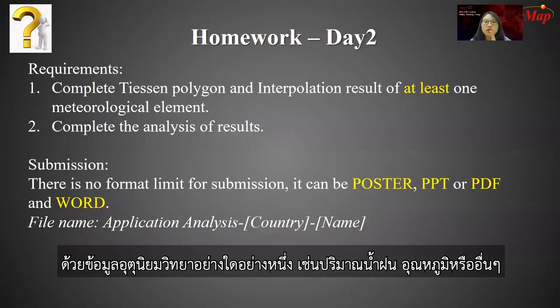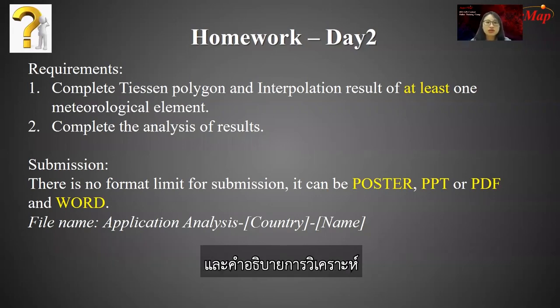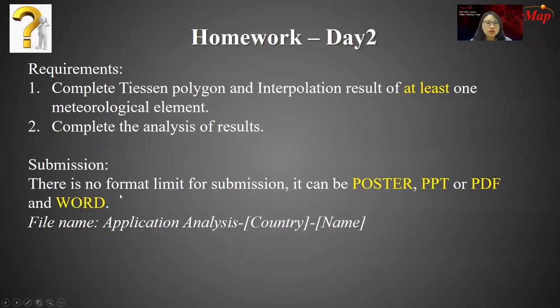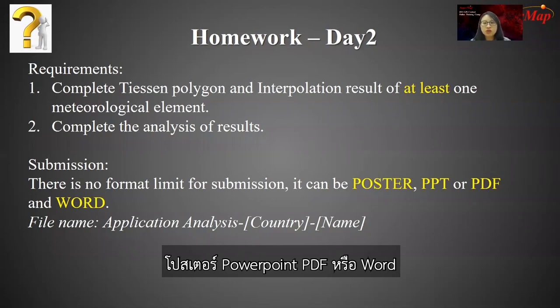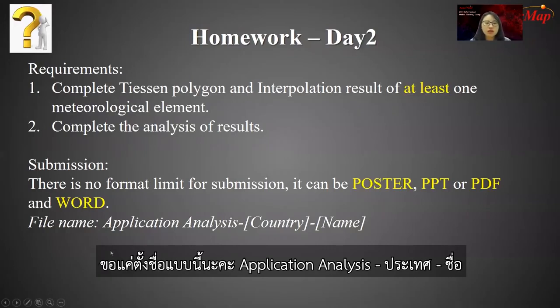You need to complete at least one meteorological element, and then complete the analysis of results. The formats are not limited for you. You can create a poster or PowerPoint or PDF or Word, anyway is okay. So just make the file name like this.